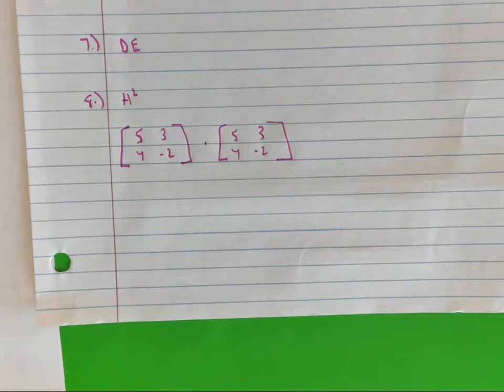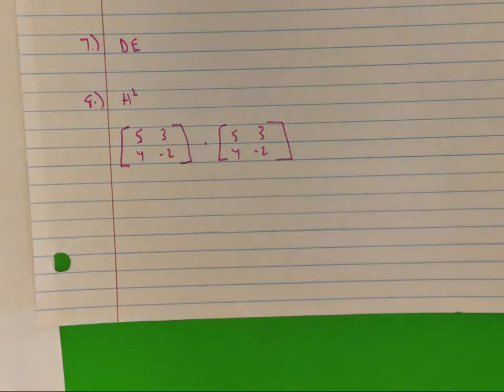Like 2 times 3 is 6 and 3 times 2 is 6. Is matrix multiplication always commutative? Would it be? No, because if you change it up, you could change the dimensions, couldn't you? So always remember, matrix multiplication is not always commutative, okay? It doesn't always work both ways.